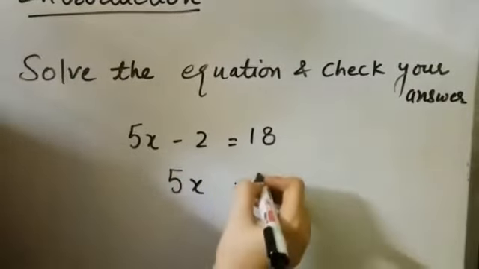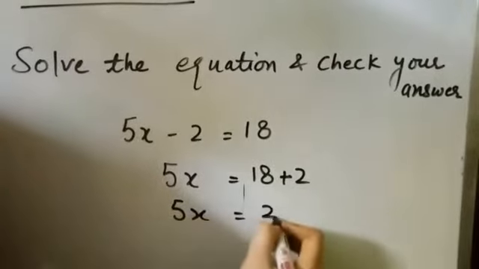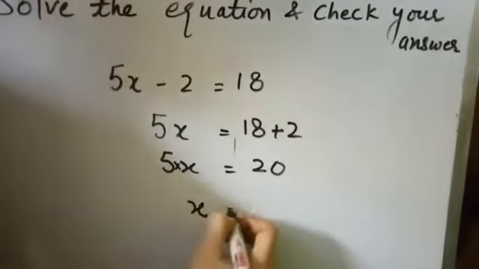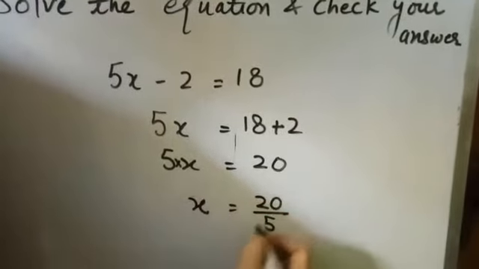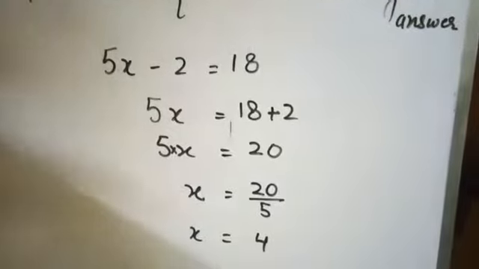This minus 2 will go for addition, so 5x is equal to 18 plus 2, which is 20. Now to find the value of x, this 5 is being multiplied with x and it will go for division by 5, and x is equal to 20 by 5, that is 4. And how to check?